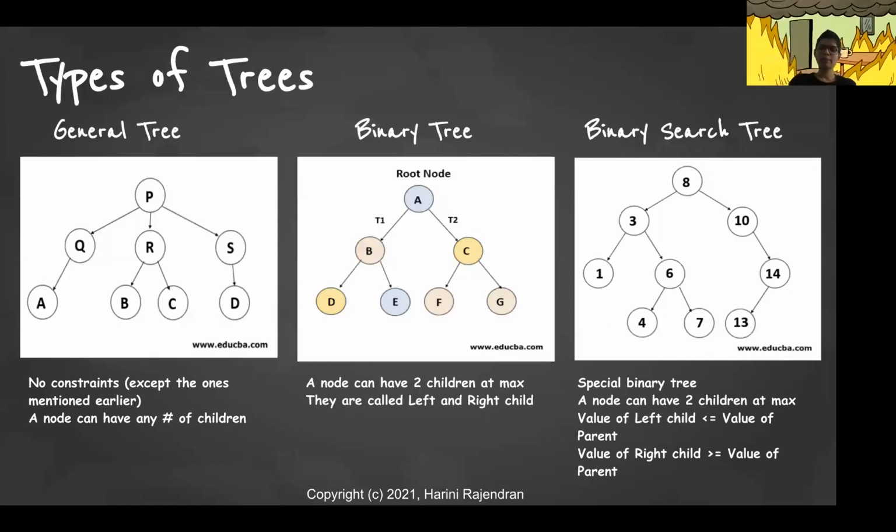This constraint is again applicable to each and every node in the tree because of the recursive properties of the tree. So if you take 3, all the elements to its left should be less than that, and all the elements to its right should be greater than or equal to that. The same property is applicable to all the nodes in the tree. These kinds of trees are called binary search trees.